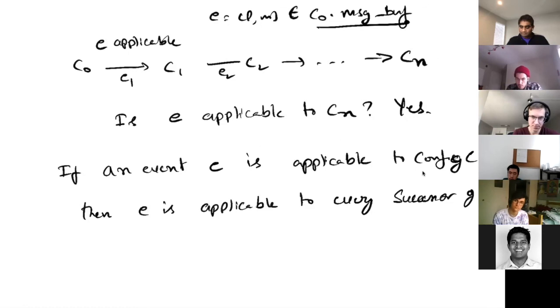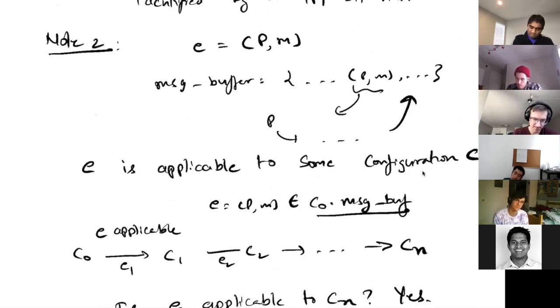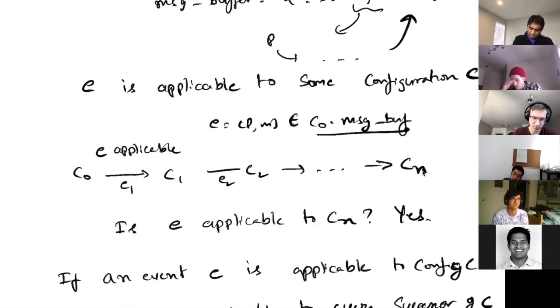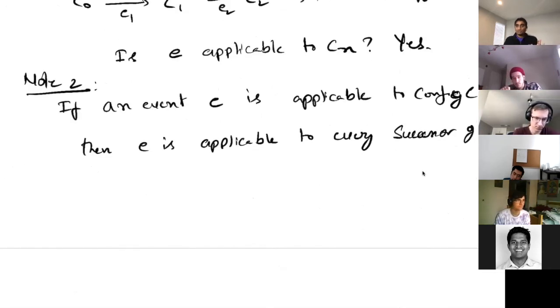So this is note 2. Right now we are not aiming for the main theorem. We're just trying to understand the properties of our system, so we're making small notes about what properties are true about our system.